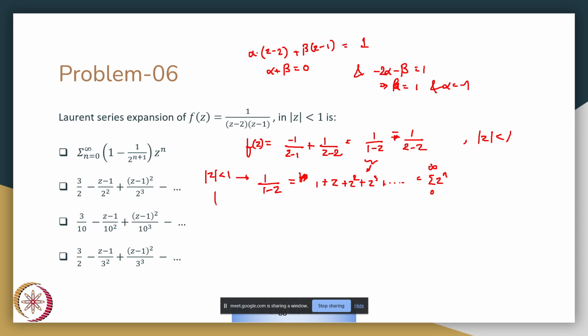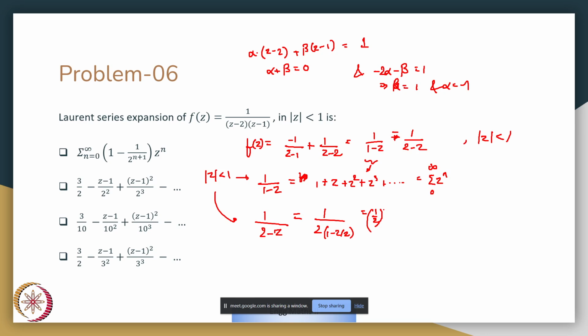And when norm z is less than 1, again 1 upon 2 minus z is nothing but 1 by twice of (1 minus z by 2). I'll take the half outside and then expand. If norm z is less than 1, norm of z by 2 will also be less than 1.